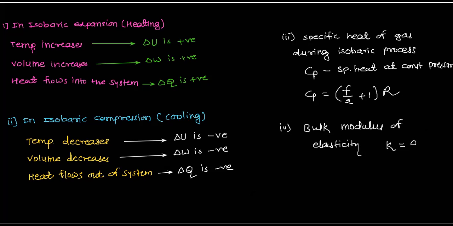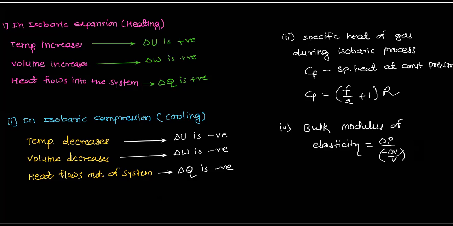Because the bulk modulus formula is delta P, the change in pressure, divided by change in volume by original volume.